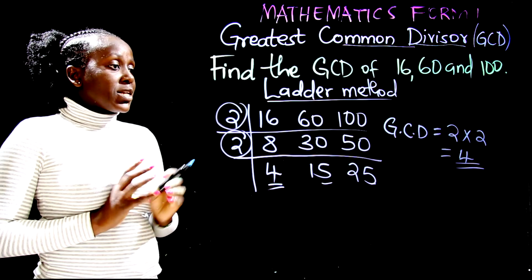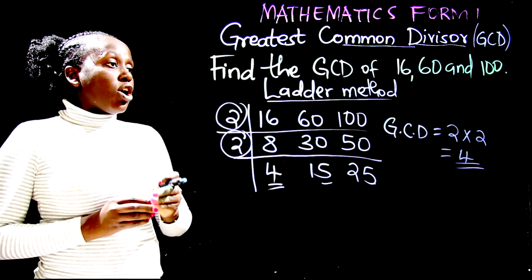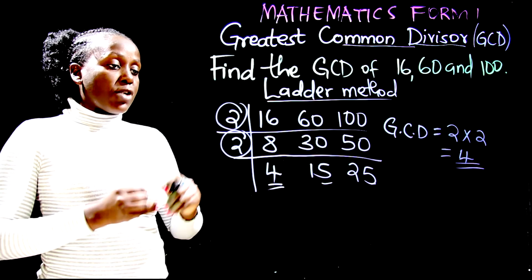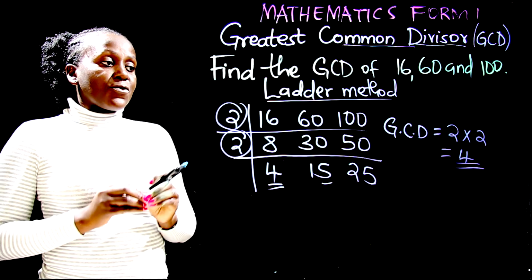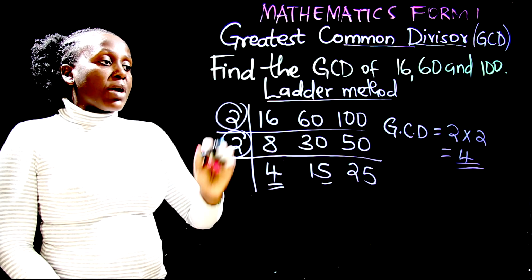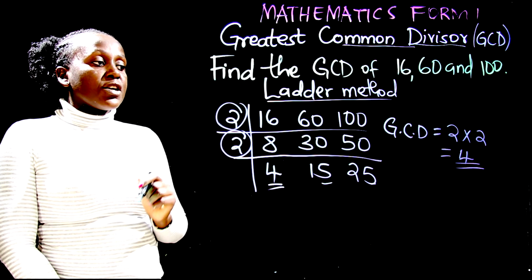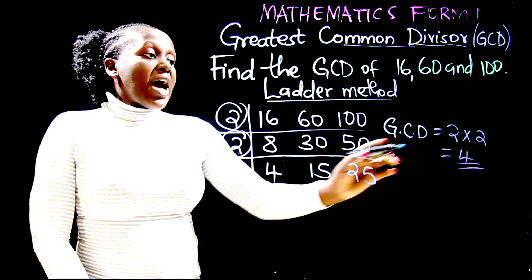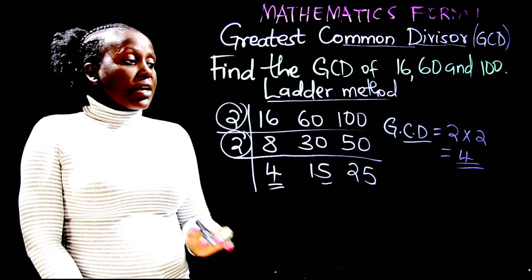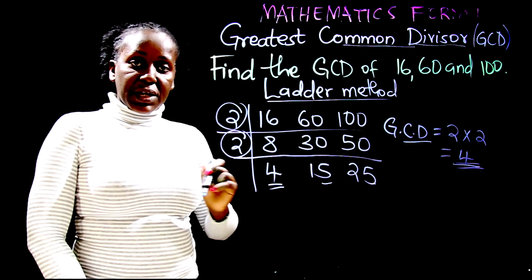Now you can try to attempt this by listing all the factors of 16, the factors of 60, and the factors of 100, and try to identify the highest common factor. You should be able to get the same answer as the greatest common divisor, which is 4. Okay?